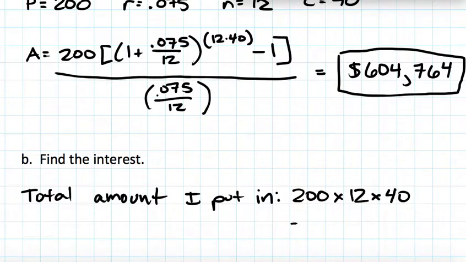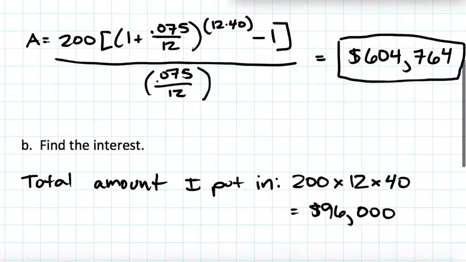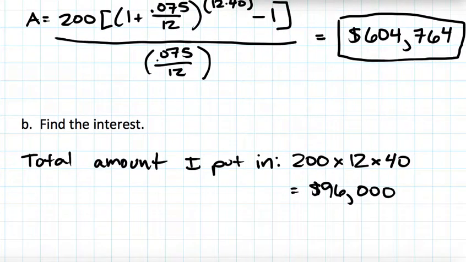And if I multiply those out, that's $96,000. So of that $604,000, only $96,000 was money that I put in myself. All of the rest of it is interest that was earned. And since some of that money was in there for 40 years, it was able to earn a lot of interest over that time because that's a long time period.